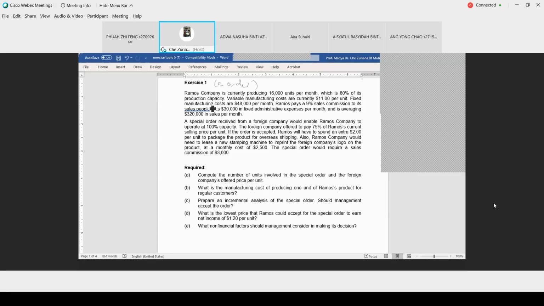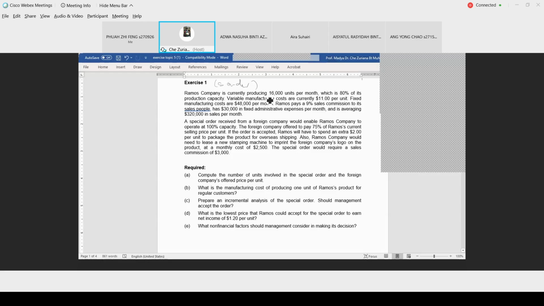When you have no excess capacity and you have a special order, it means you have to sacrifice, and at the same time you have an opportunity cost that you need to take into account. So before you can proceed with the question, this is the thing you have to consider.